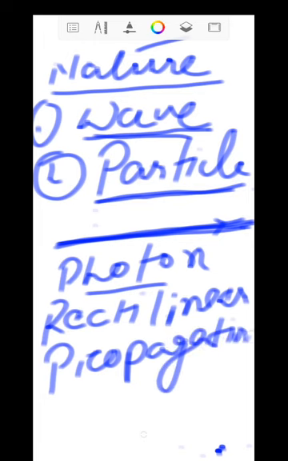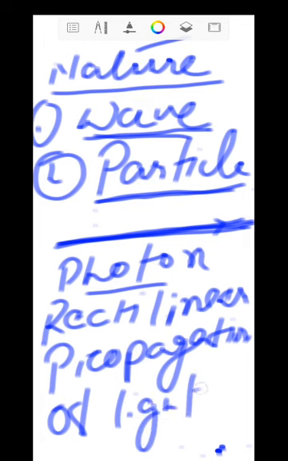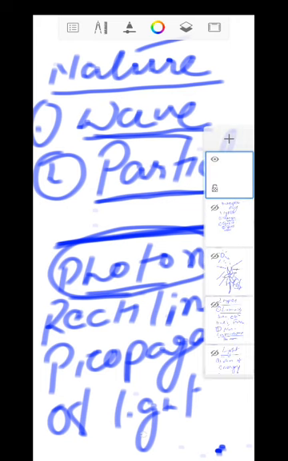So the photon particles travel in a straight line. So, this is the particle theory of light. Okay, we will move to our next part.